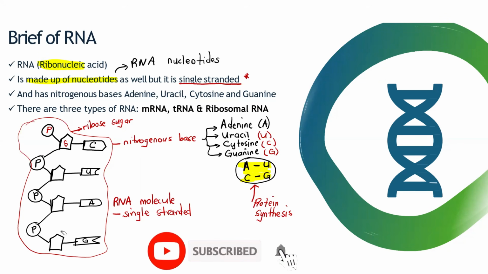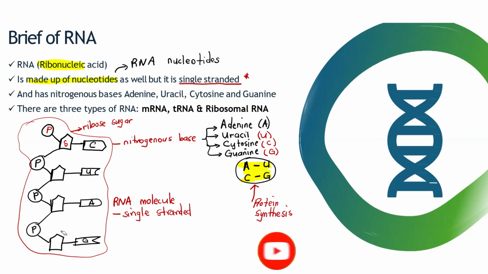Sam asks: through the structure of the RNA and nucleotide, are we supposed to draw this one, or can we just draw one nucleotide? If they say an RNA nucleotide, you just need to draw one, because a nucleotide is just a singlet.